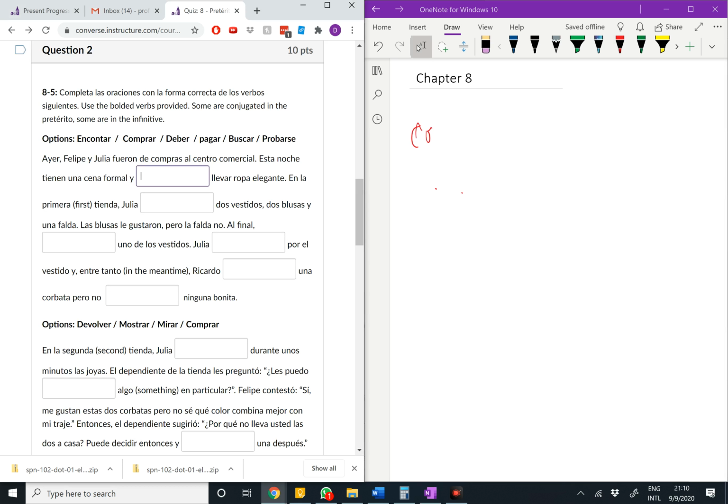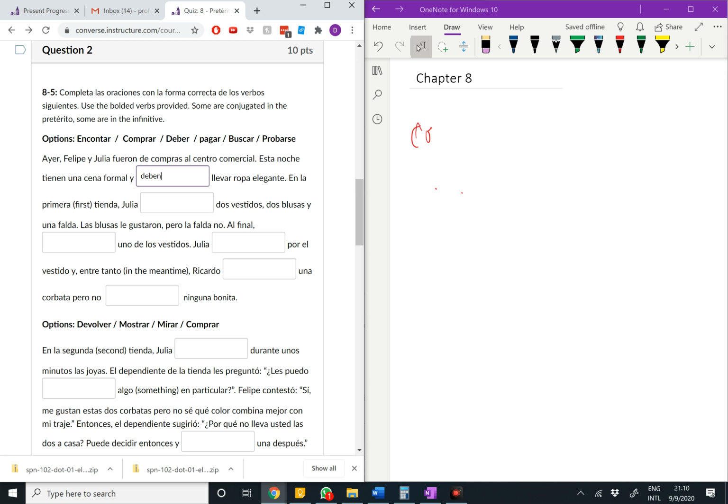So tonight, so this is important. Esta noche indicates that this is happening tonight. So we're also talking in the present tense. Not all of these are going to be in the past. So esta noche tienen una cena formal and they something wear elegant clothing. I would probably say deber is going to be your best bet, and this is going to be in the present. So tonight they have a formal dinner and they must wear elegant clothing.